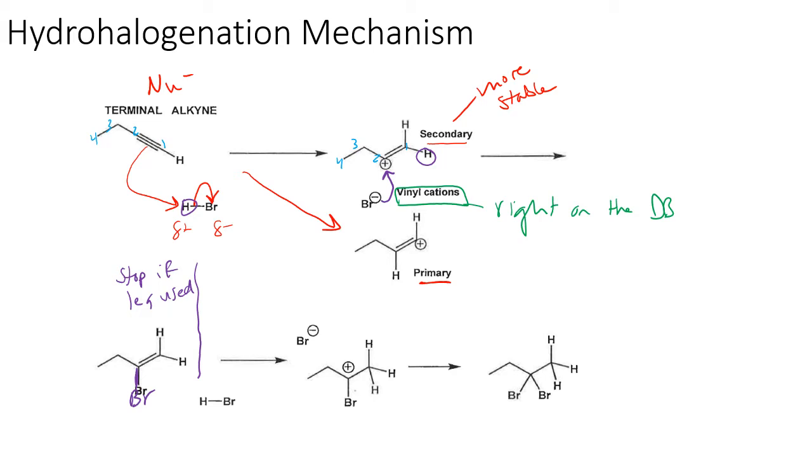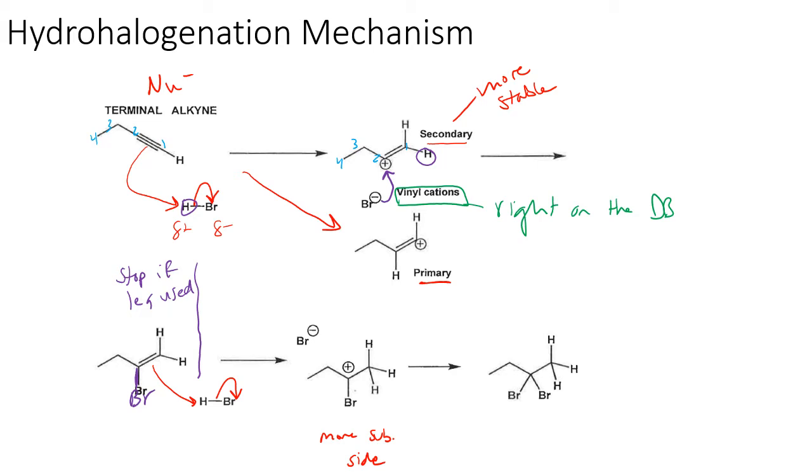We're going to keep going though, so we're going to imagine that this is our second equivalent of HBr being used. And then our alkene does the same thing. It acts as a nucleophile. It attacks the hydrogen. The electrons break and go to the more electronegative bromine. In this case, we form a carbocation. The carbocation is going to go on the more substituted side because that's the more stable carbocation that's formed.